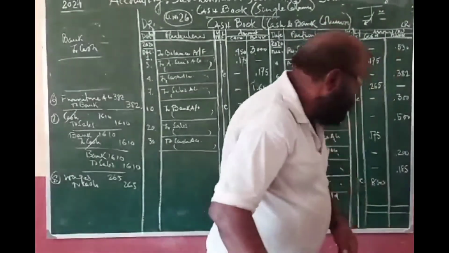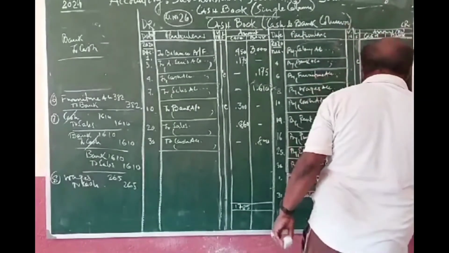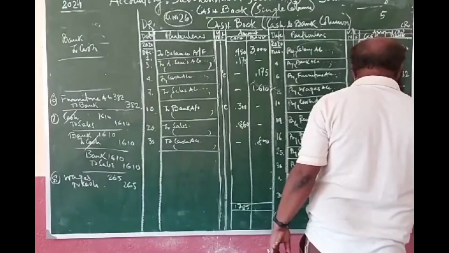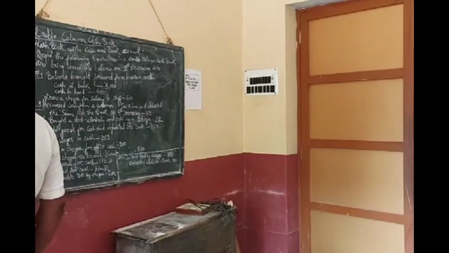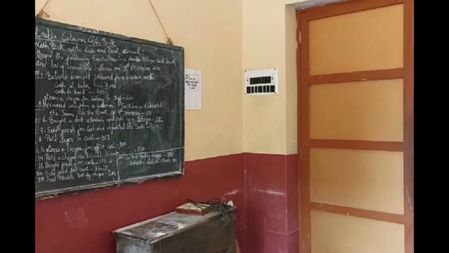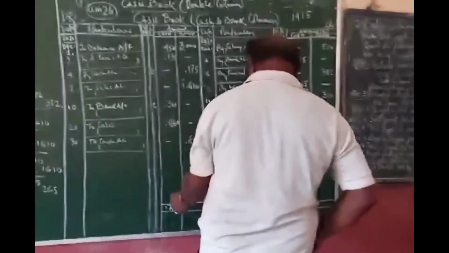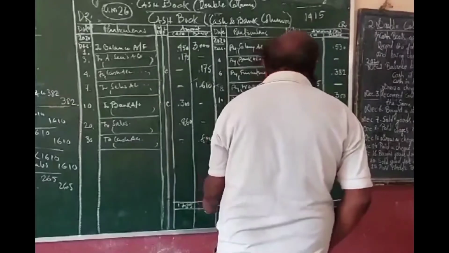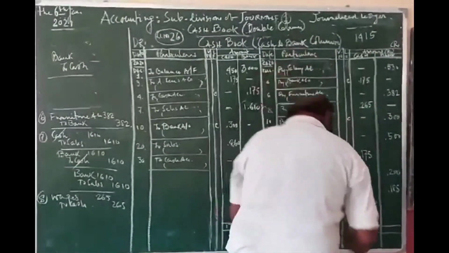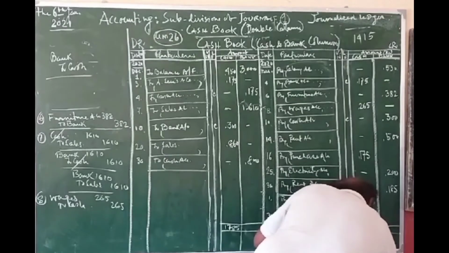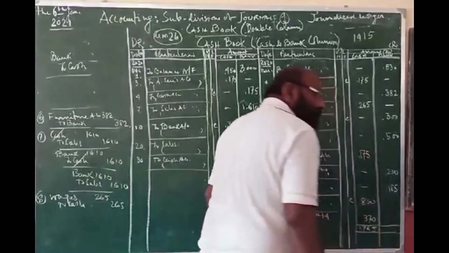This is how much? 555. So it is 370. Okay.